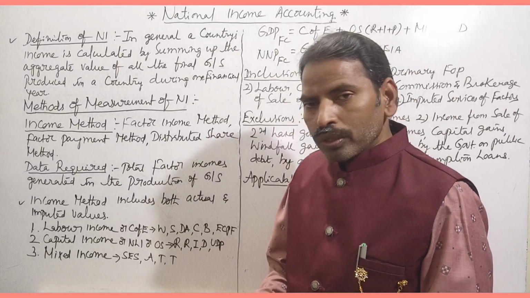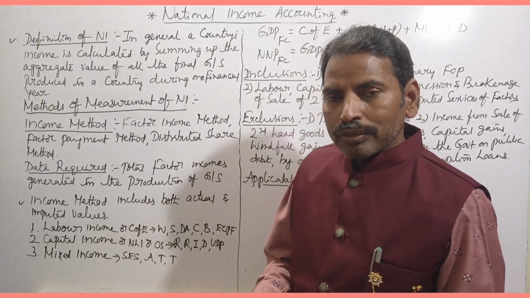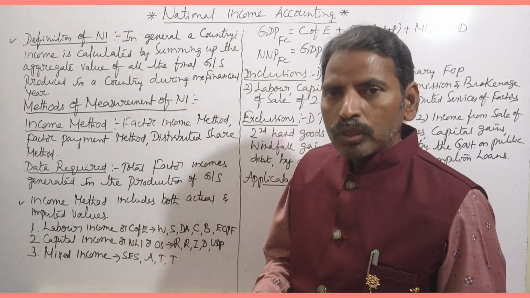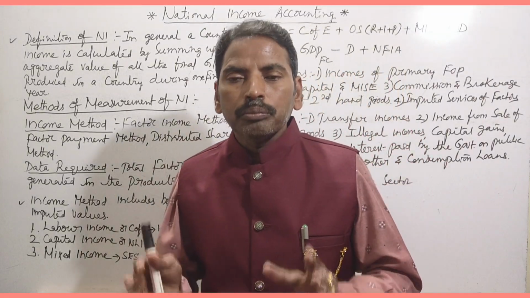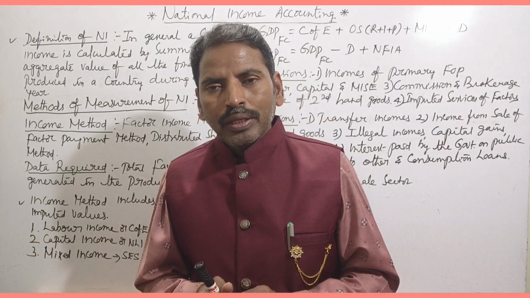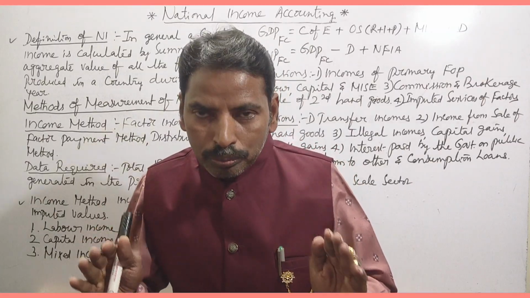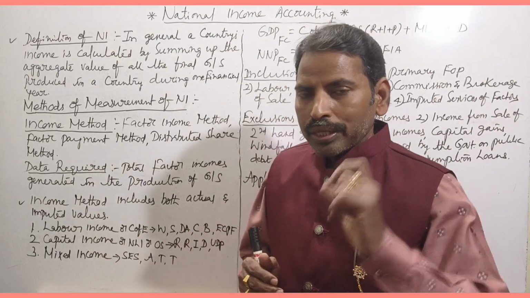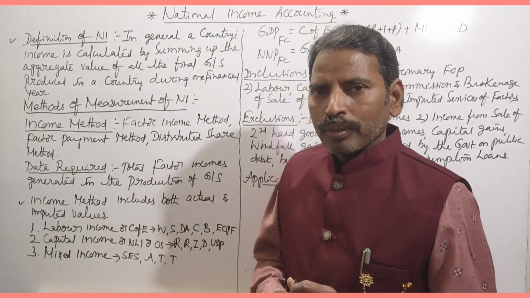Those are wages, salaries, dearness allowance, commission, bonus, employer's contribution to provident fund, and compensation in kind. Those are all the best examples of labor income or compensation of employees.